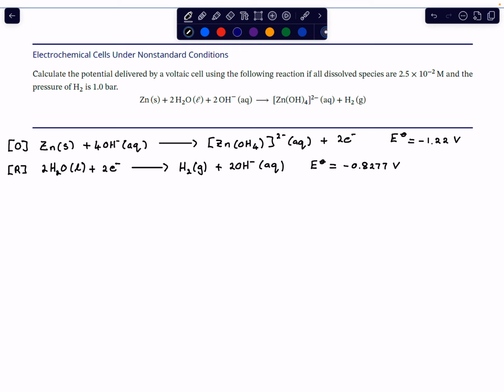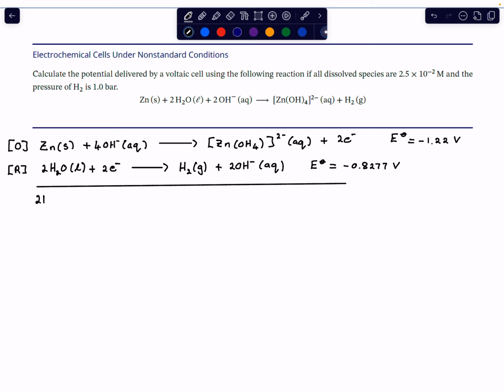Alright, good. And we just check if we add these two equations together that we get the original equation. So the electrons cancel, and we see that there's 4OH on the reactant side, minus 2OH on the product side, leaving us with 2OH.